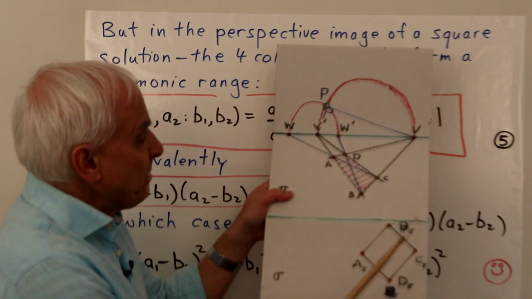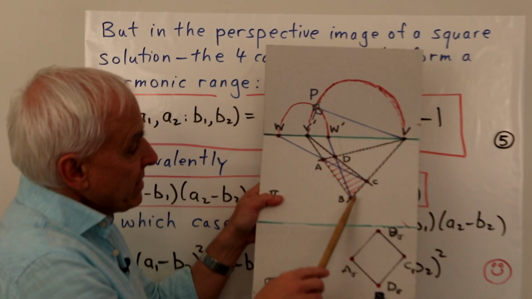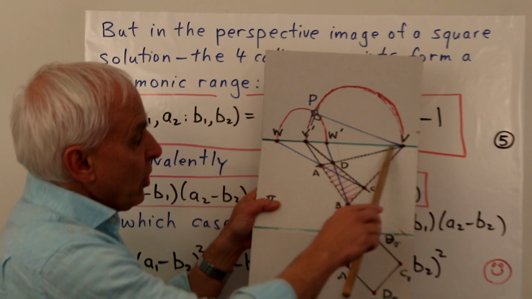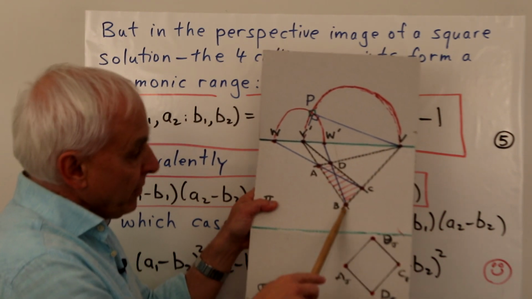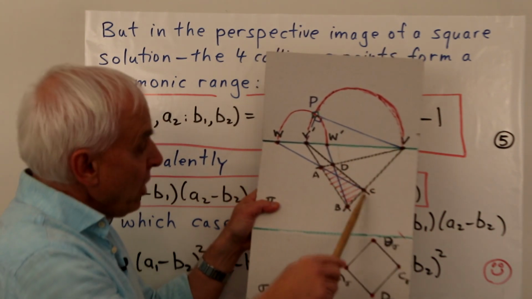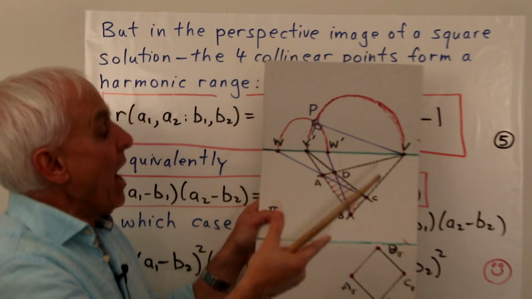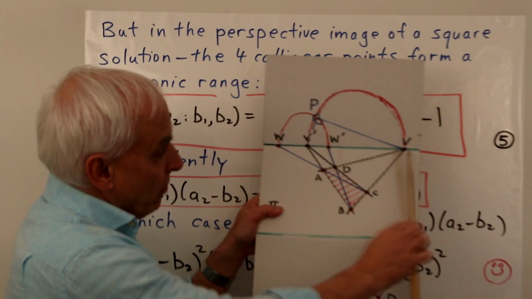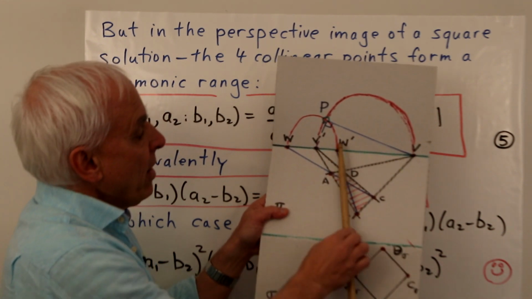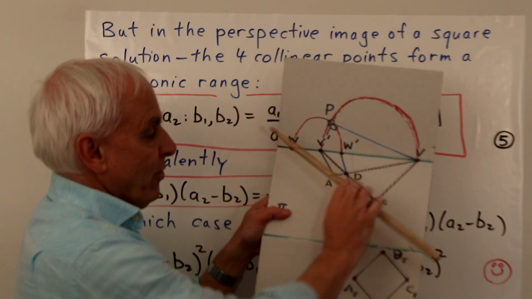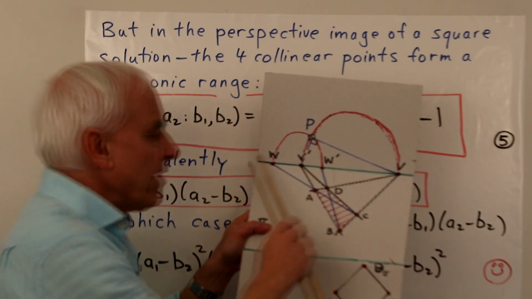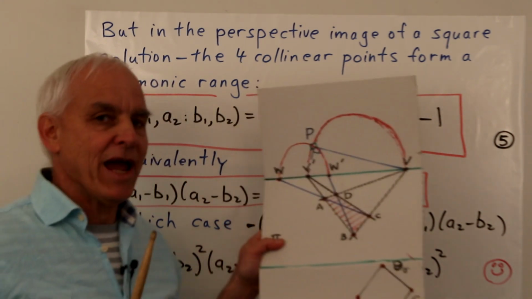And I remind you that's because these 4 points are obtained by taking the sides of this quadrilateral, and where these two opposite sides meet, where these two opposite sides meet, so those are 2 of the points. And the other 2 points are where that horizon formed by those 2 things meets the 2 diagonals. Okay, so that's a very important special case.